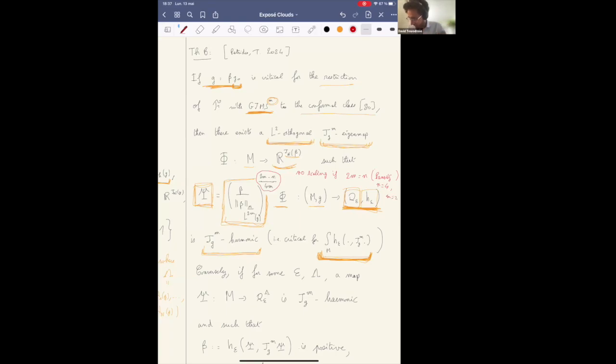So 2m is equal to n in this case, so no scaling, and we obtain then, in the case of Paneitz, a Paneitz harmonic map from Mg to a quadric.